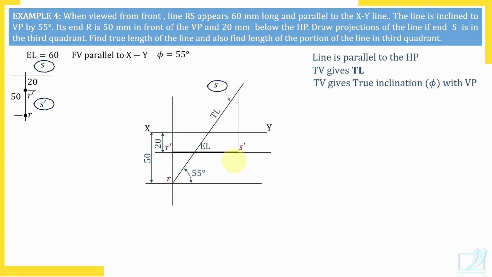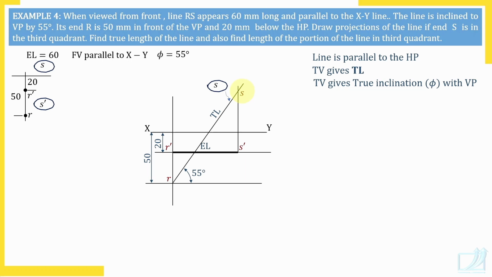And now from S dash draw a vertical line, and we are sure that S is on this vertical line because S and S dash, front view and top view of a point, lie on a single projector. So S and S dash both are on this vertical line. So here it is S dash, means on the same line point S is. So S dash and S on the same vertical line.